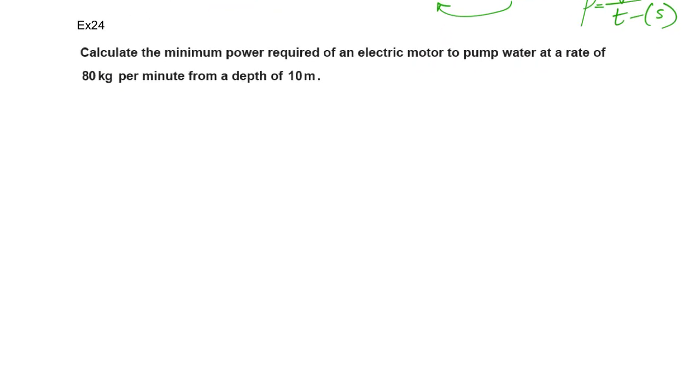Right, example 24. Calculate the minimum power required of an electric motor to pump water at a rate of 80 kilograms per minute from a depth of 10 meters. Right, let's just have a look here. What they want you to do is calculate the work done by the pump.